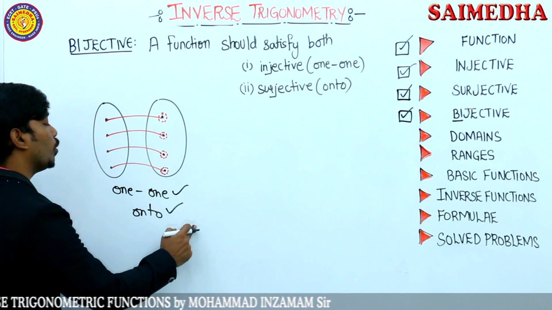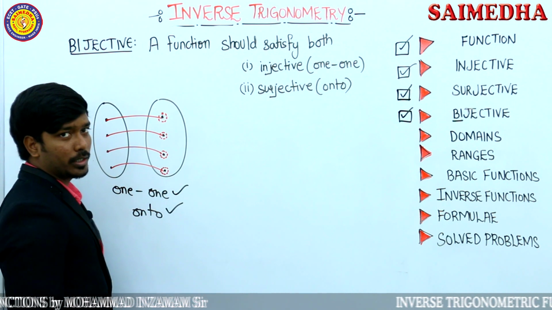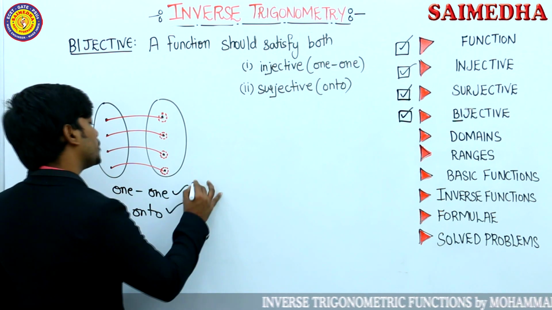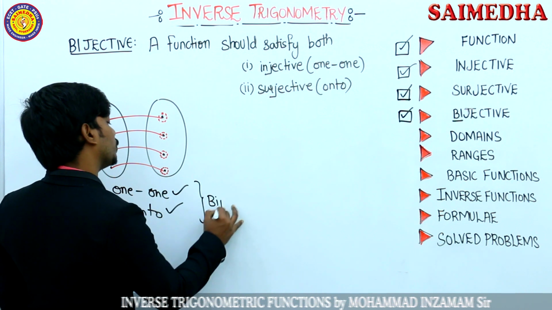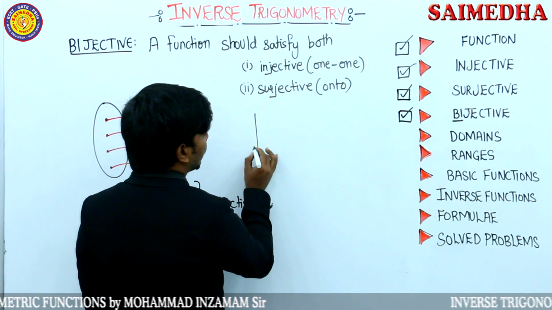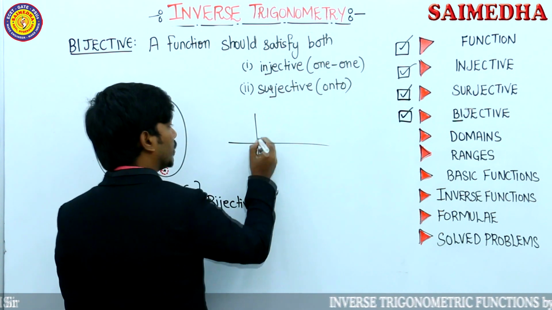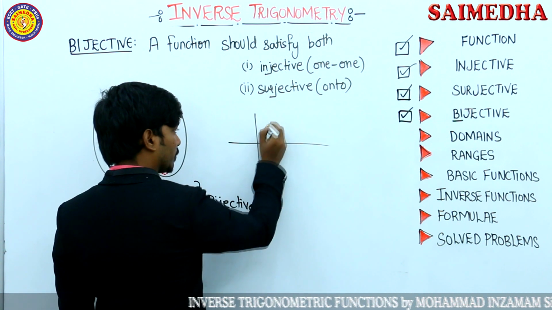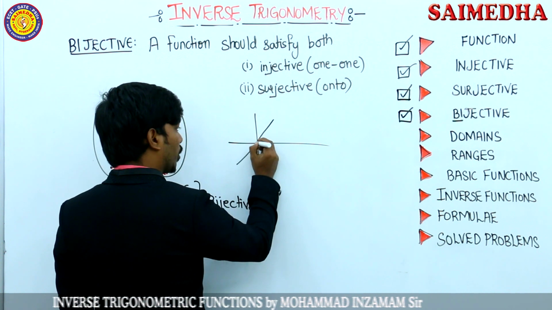If it satisfies both these conditions, guys, it is said to be bijective. If we want to see the graph, it will look like this. Let me draw a line which passes through the origin.